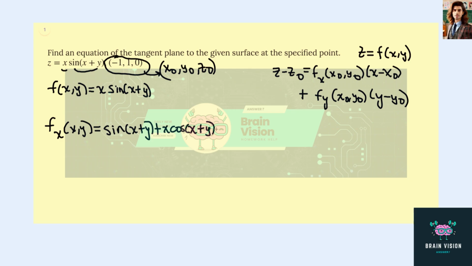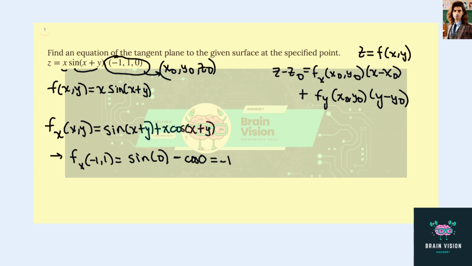And then from this, you can go ahead and plug in x naught and y naught. These are given. So we'll have sine of 0 minus 1 and then cosine of 0. So sine of 0 is 0, cosine of 0 is 1, so we have a -1 there.